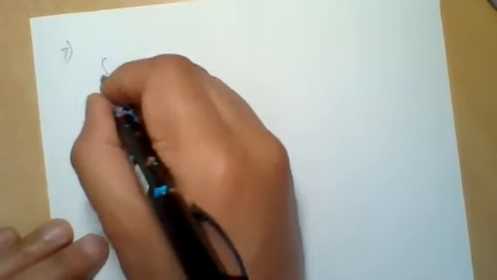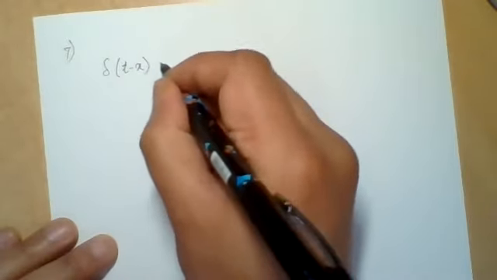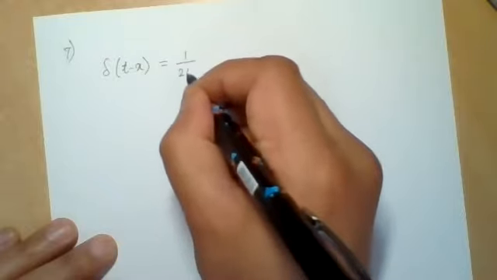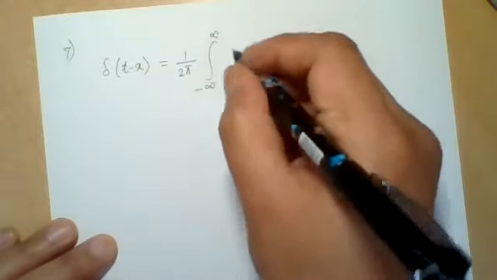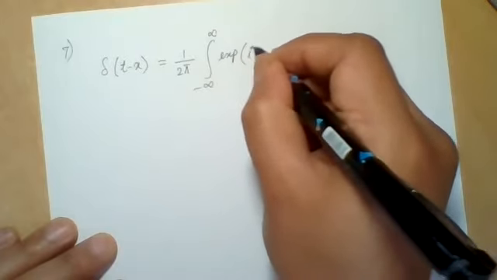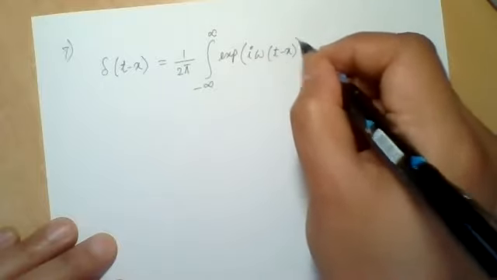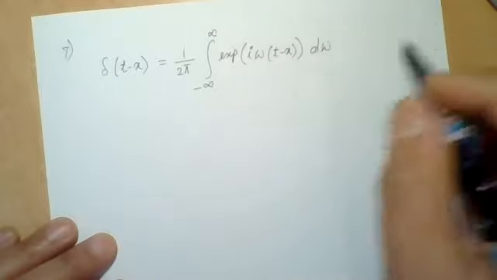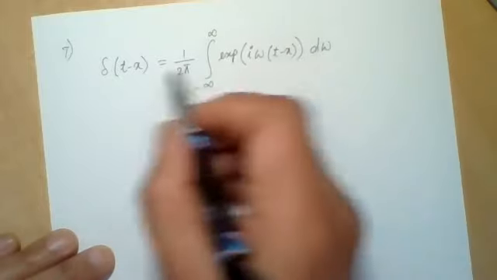That is the Dirac delta function is equal to the integral from minus infinity to plus infinity of exp of i omega (t minus x) d omega. Here we are integrating over omega, and what remains is t minus x.